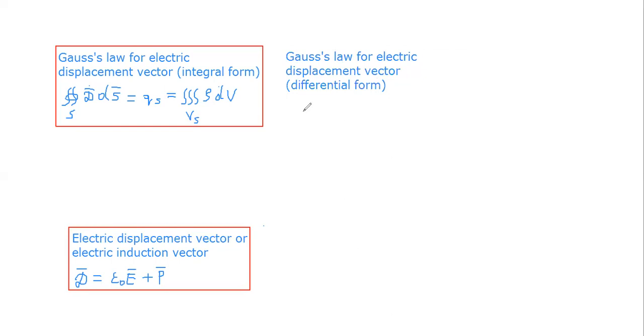According to this, divergence of displacement vector is equal to density of free charges. And this is also necessary to frame in red.